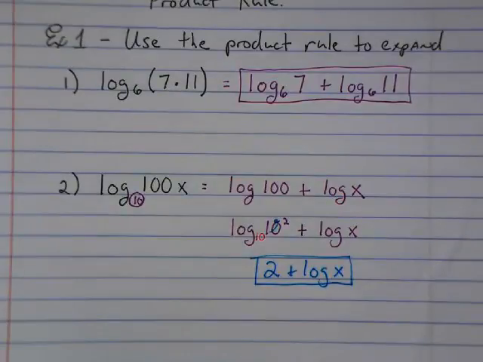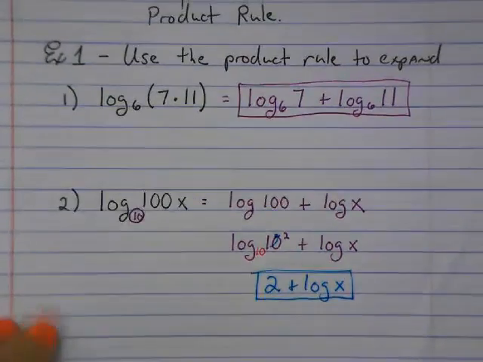Okay? Alright, let's try the quotient rule. So I'm going to take you all the way back to beginning Algebra 1 and ask you, what if I had x to the 7th over x to the 5th, and I ask you to simplify it?